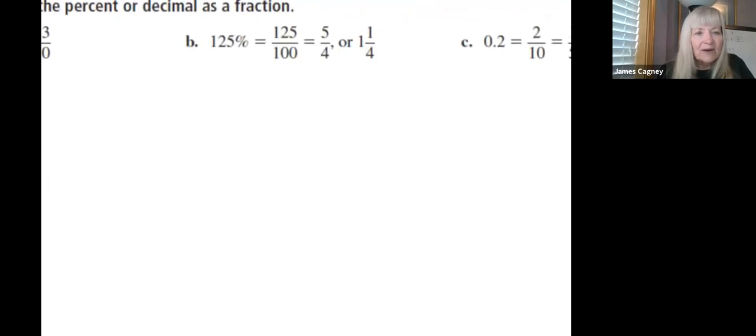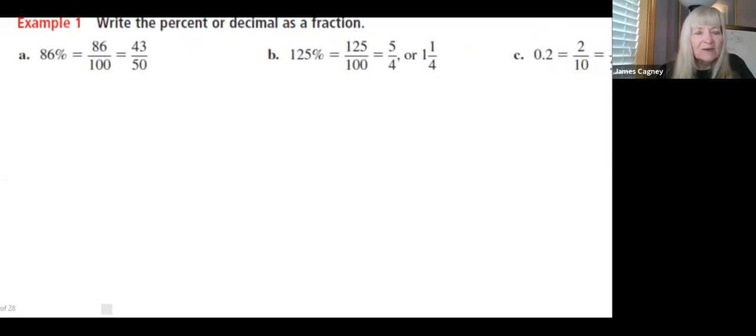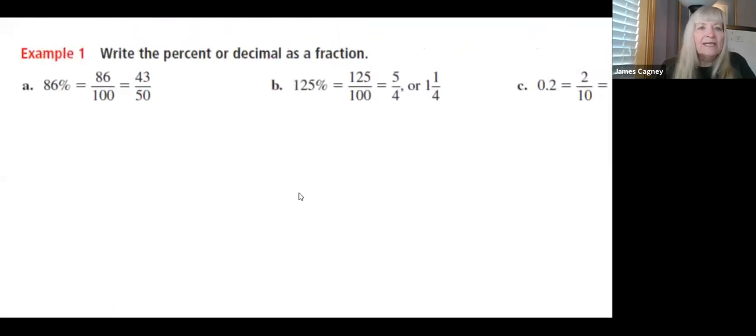Oh, interesting now. And most of you already know how to do this. So let's see here. Write the percent or decimal as a fraction. So here they gave it to you worked out, 86%. Percent means part of 100, so I can make the denominator be 100.